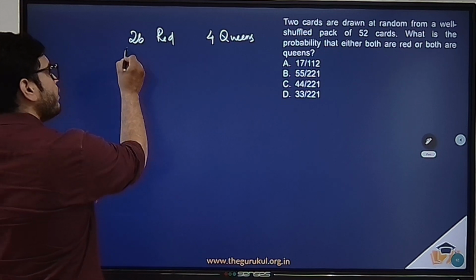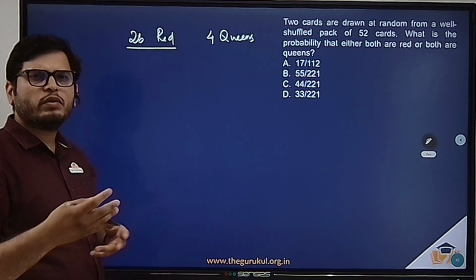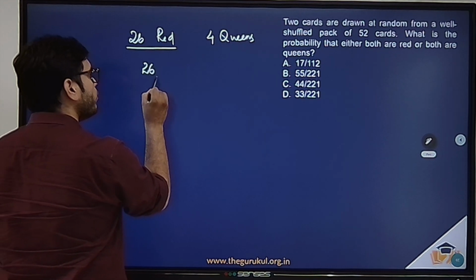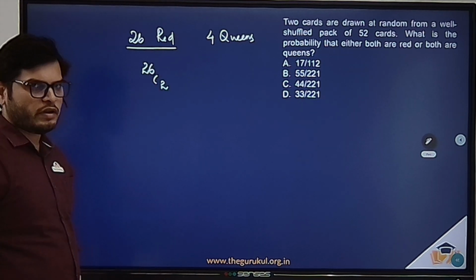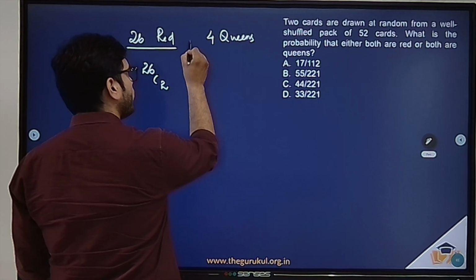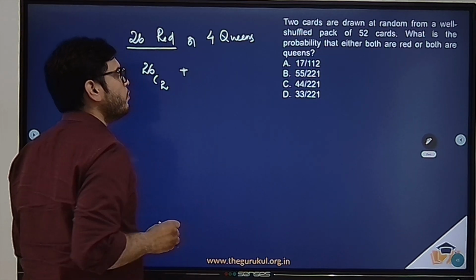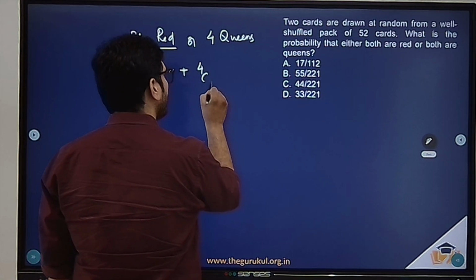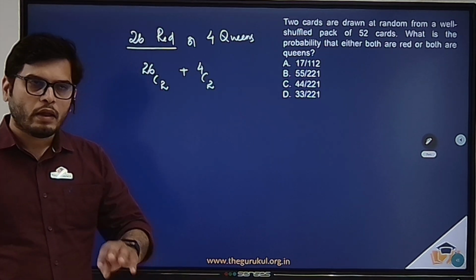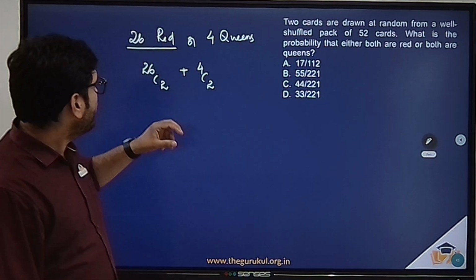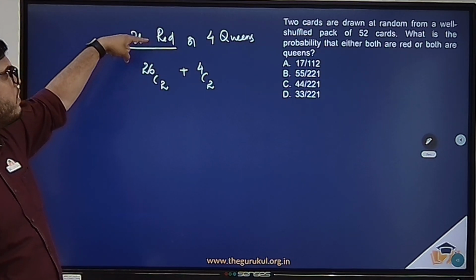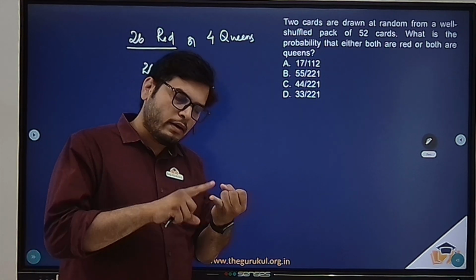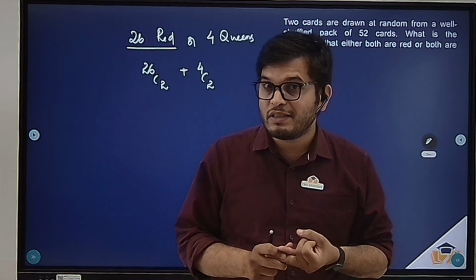Now let me consider this. Both being red: from these 26 cards, you are picking 2, so 26C2, plus 4 queens, out of which you need to pick 2. Now consider the case where out of these 26 red cards you are picking 2 red cards. They can be queen of hearts and queen of diamonds.